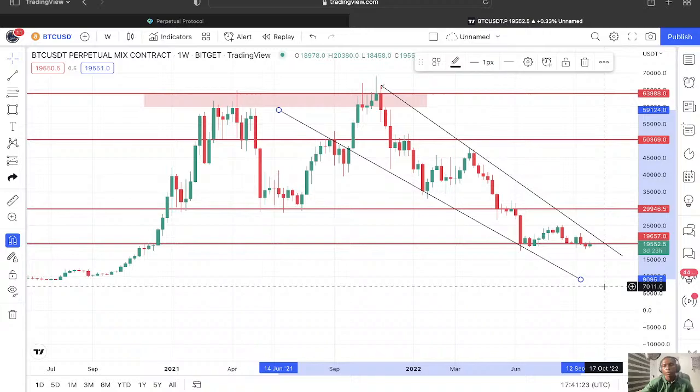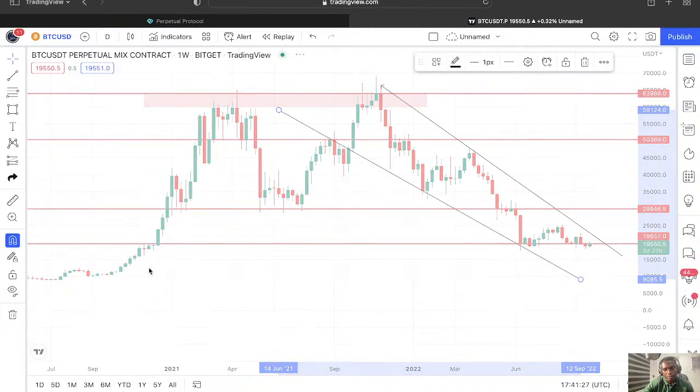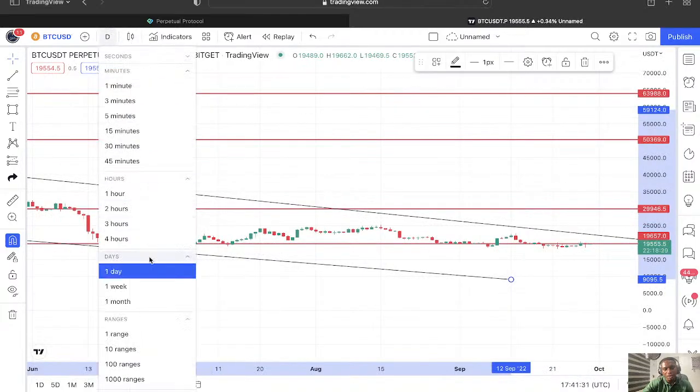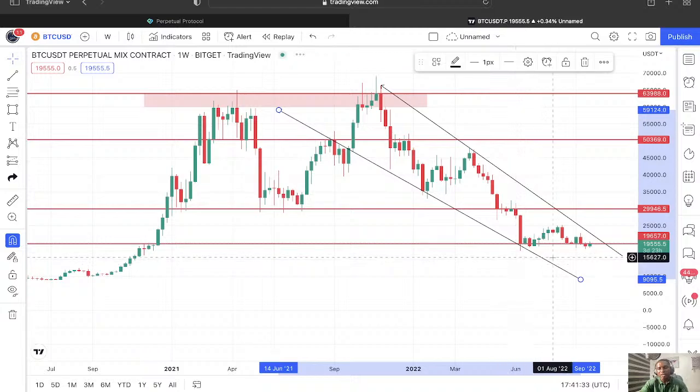Okay, so let's look at the daily time frame. But obviously we can see that, let me go back to the weekly time frame. We can see that on the weekly time frame, BTC is leaning towards a support.